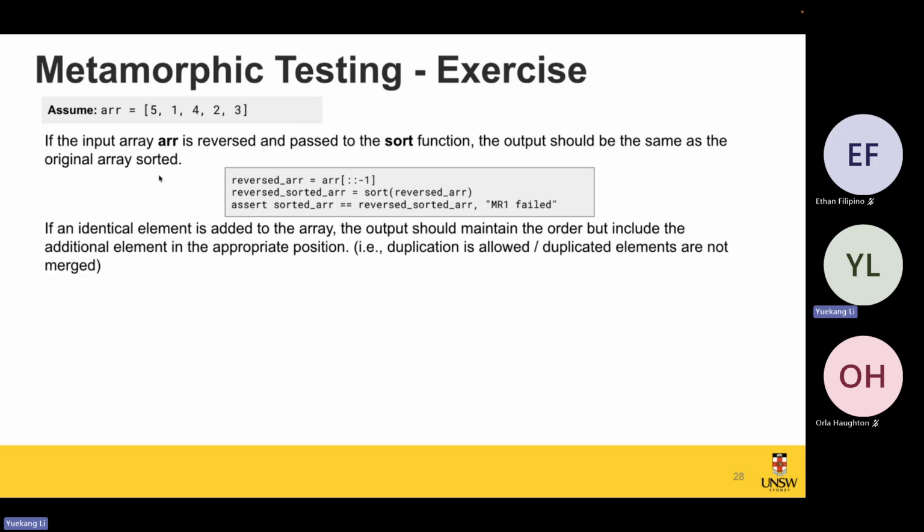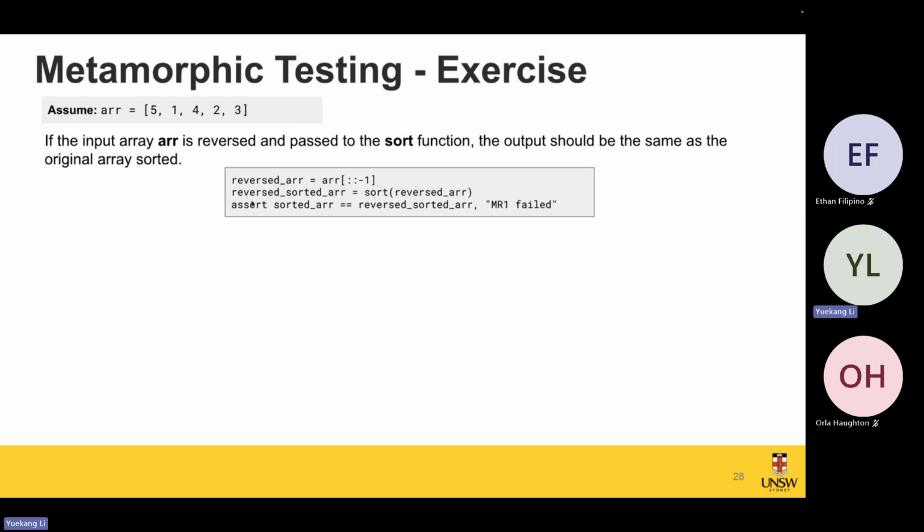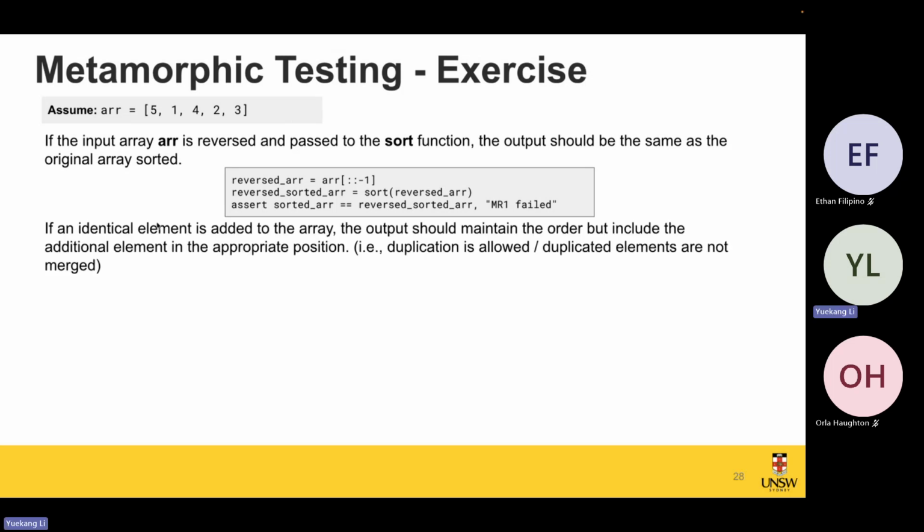This is very straightforward, and it is called a metamorphic relation because we don't really specify the expected output, right? We don't know what the expected output is for sorting this specific input value. We don't need to specify that. We just need to check whether the reversed array is sorted the same as the original one. So this is a valid metamorphic relation.